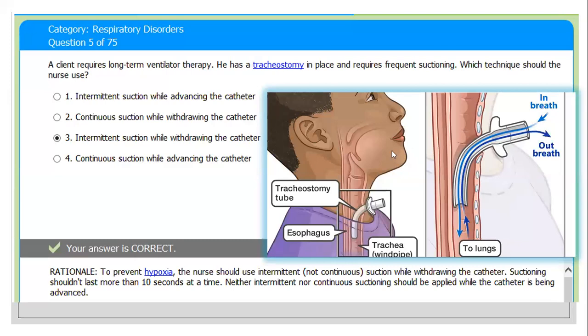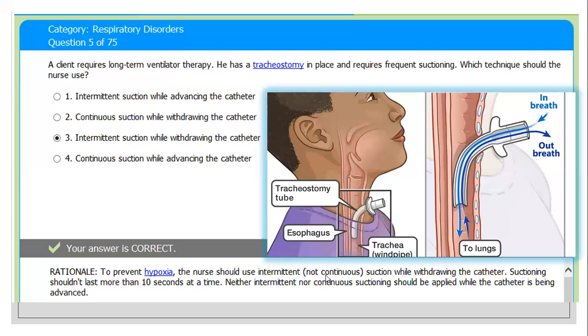So what is the answer? They said intermittent suction while withdrawing the catheter. This is the tracheostomy catheter. Rationale: to prevent hypoxia, the nurse should use intermittent, not continuous suction.